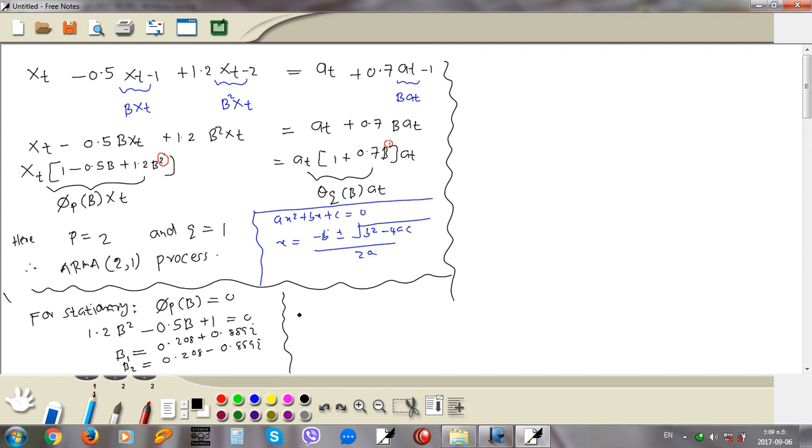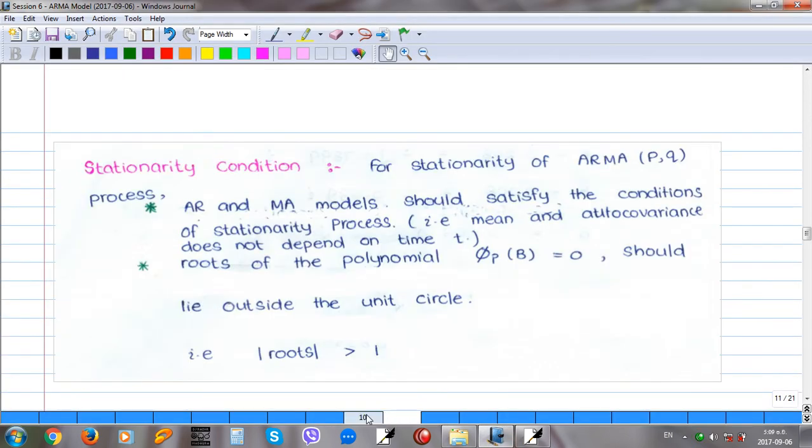So we can write directly B = 0.208 ± 0.889i. So this is a complex number. Now, according to our condition, what is the condition for stationarity? We have to find the length, so we have to find the absolute value of this root.